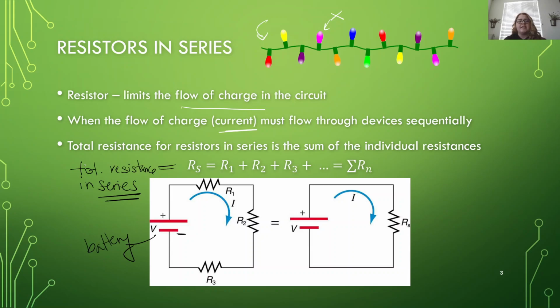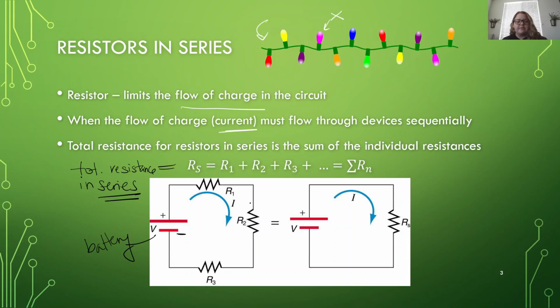Because in series and in parallel, they are going to be calculated differently, okay? So if I take each of these resistors and find their resistance, or it's given to me, adding all of them up will give me the total resistance of this series of resistors here. Okay, so it's simply just adding them up.